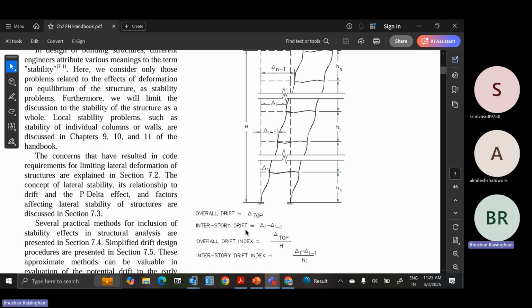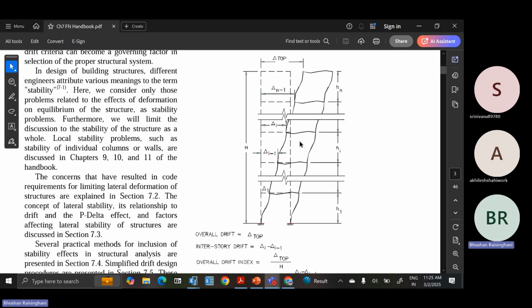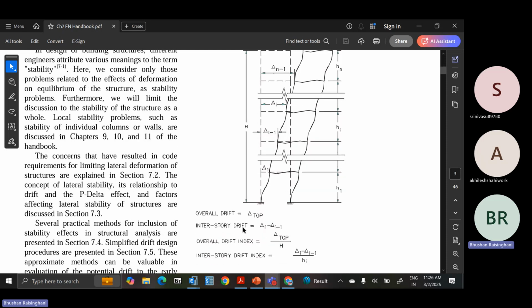Now interstory drift is, for any story, the displacement of story n minus the displacement of the story below it, so n minus 1, or delta i minus delta i minus 1. So delta 2 minus delta 1 would be the interstory drift for delta 2. That way you have to estimate for each story what the interstory drift is, and this is how the software also calculates it.